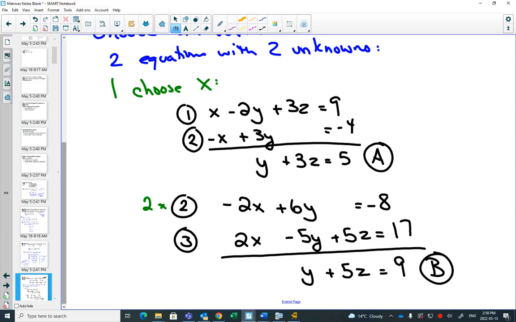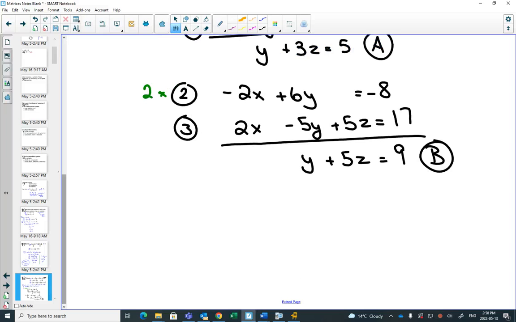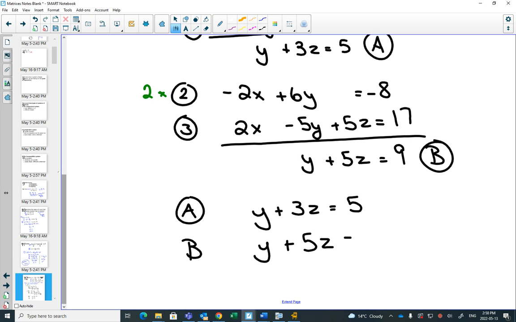So now we're down to two equations with two unknowns. Can you see elimination is going to be easy here? Which variable are we going to eliminate? The y. So if I write equation A and equation B, since the y terms are identical, usually we add, but this time I'm going to subtract.